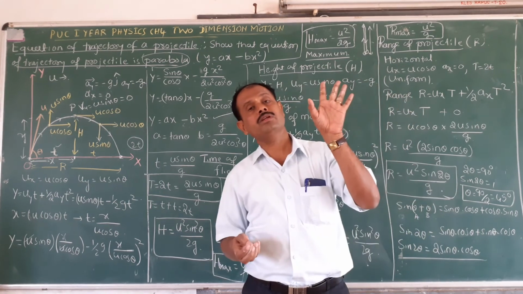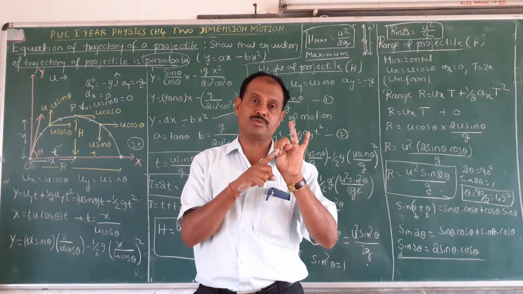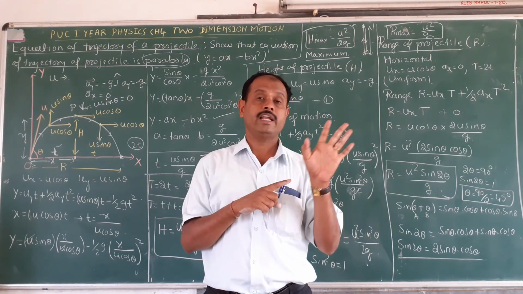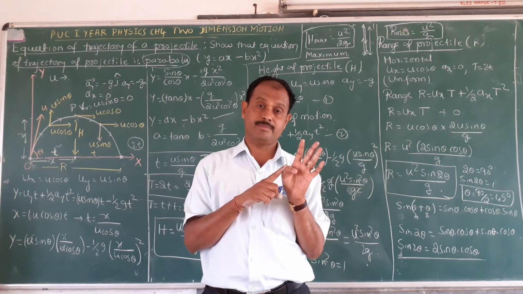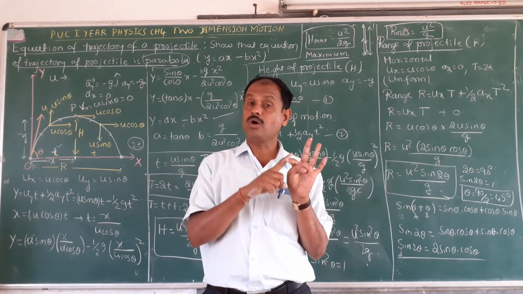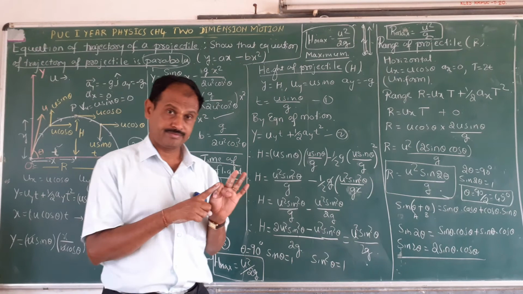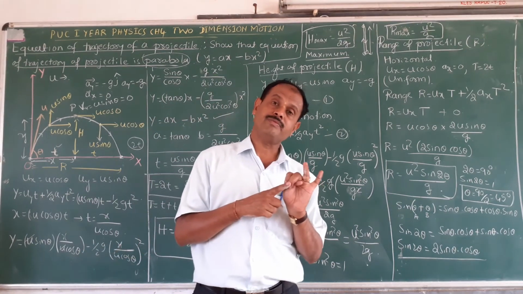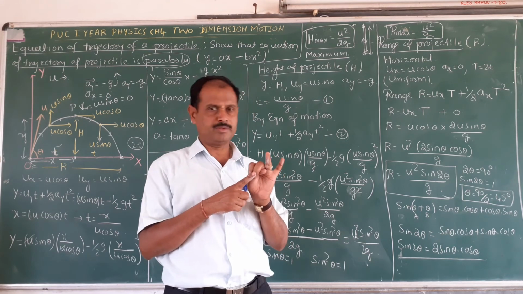In the projectile motion, what is the meaning of projectile motion? What is the velocity of the projection? What is the angle of the projection? And the next point is, you show that the equation of trajectory of a projectile is a parabola. And you obtain the expression for the time of flight in the projectile motion. And you obtain the expression for the maximum height of the projectile.